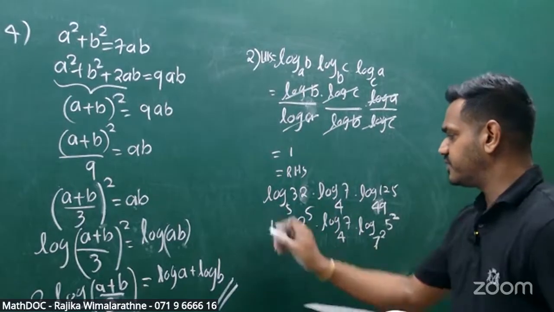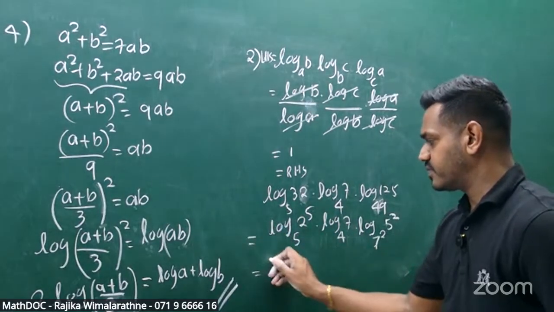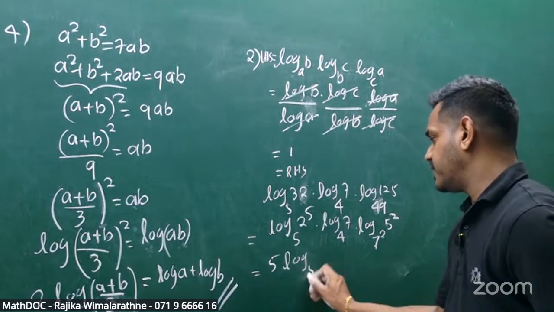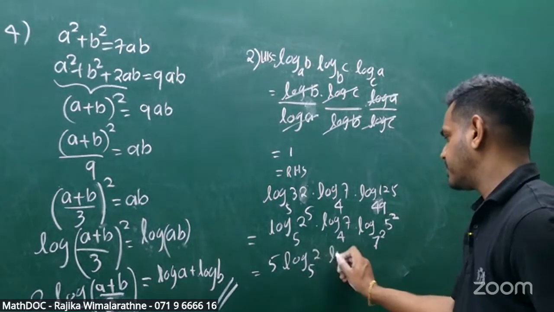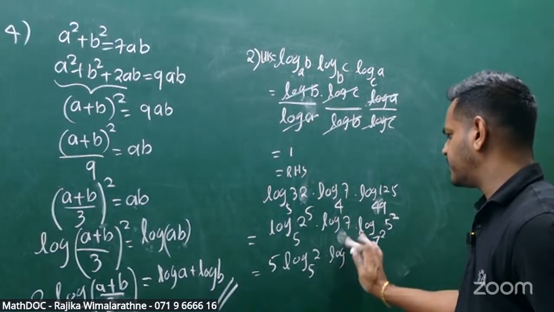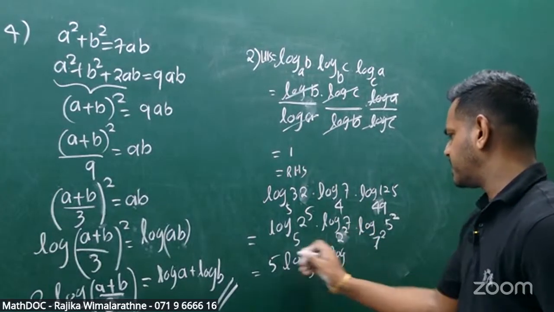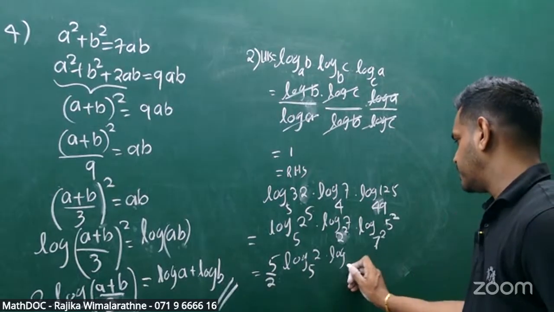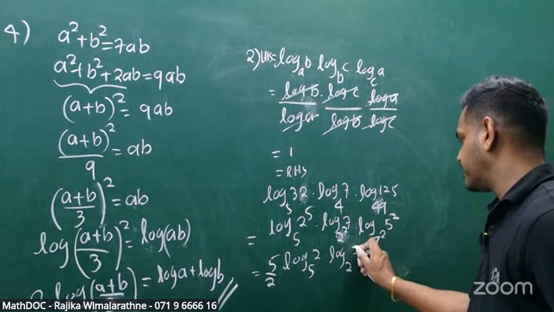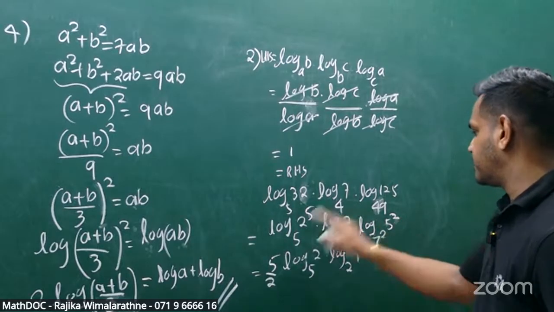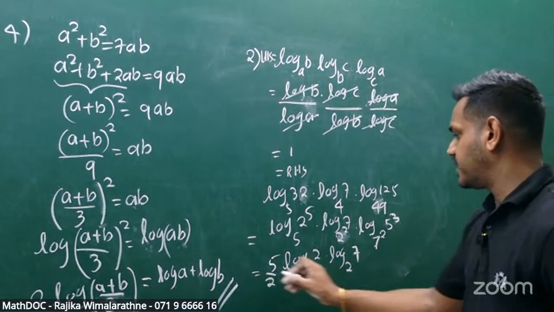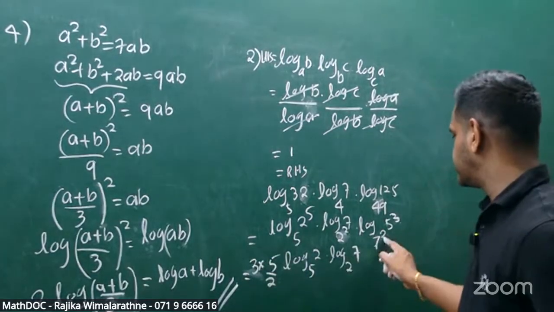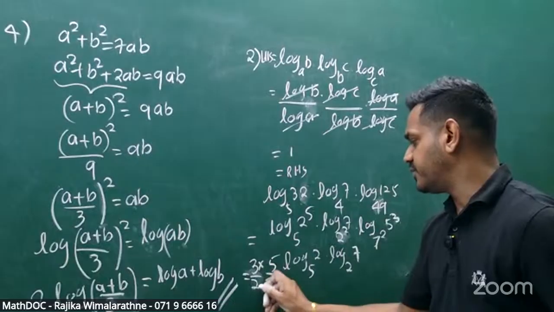Then put this 5, 5. Log 5 base 2, here 4 is 2 squared, okay? Take that power outside by the denominator. Log 2 base 7. Here take this 2 again outside, here power 3. Take it outside, 3, and take this 2 in the denominator.